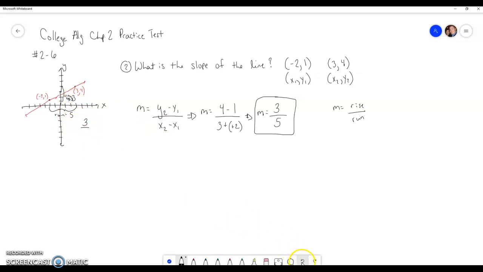Okay? The next question, number 3, sorry. Okay, so question number 3 wants to know what is the distance between these 2 points.